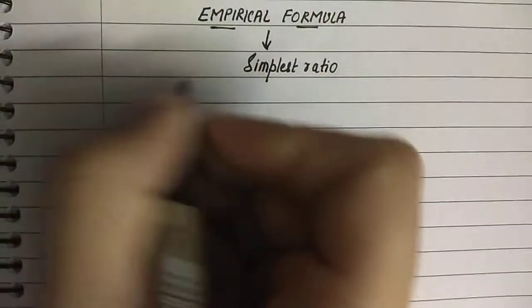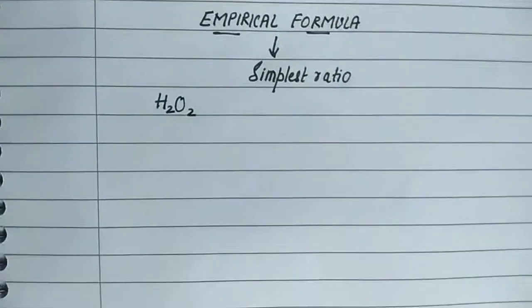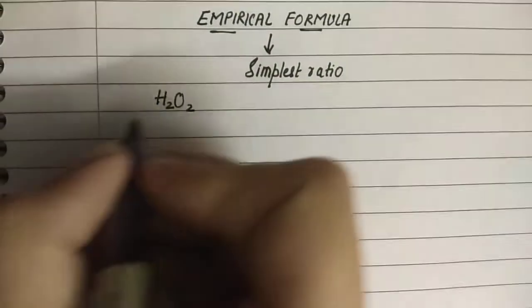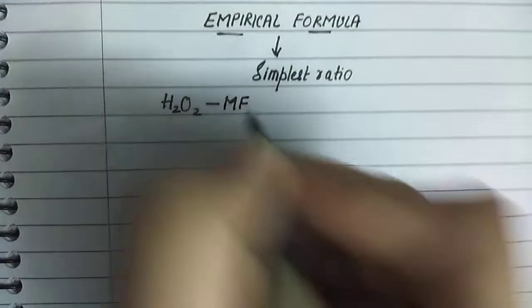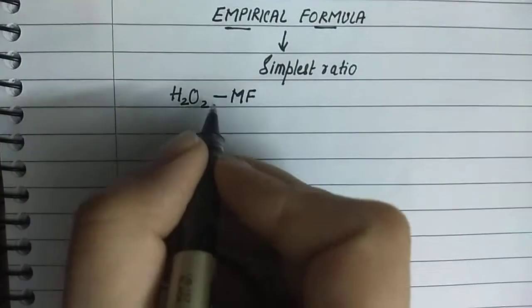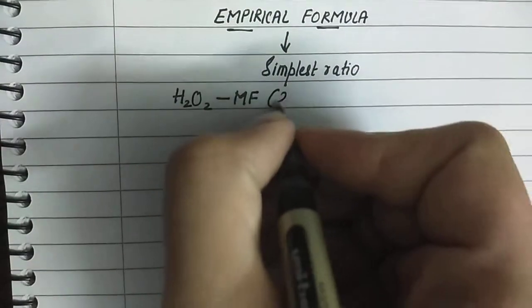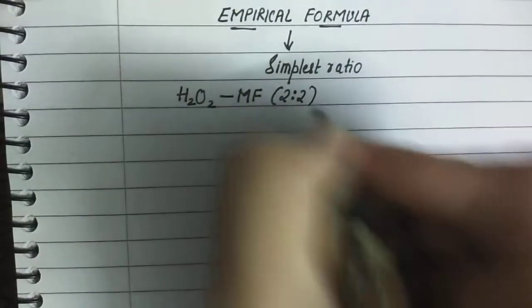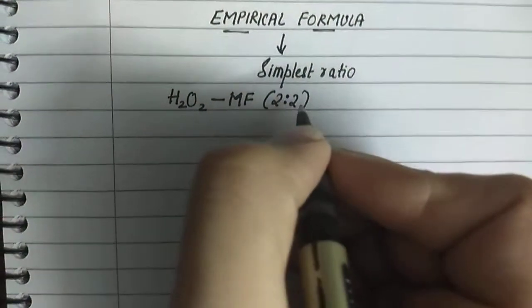Let us understand using an example of H2O2, which is hydrogen peroxide. Now the molecular formula of hydrogen peroxide is H2O2, where the elements are present in the ratio 2:2. Now how can I simplify this ratio?